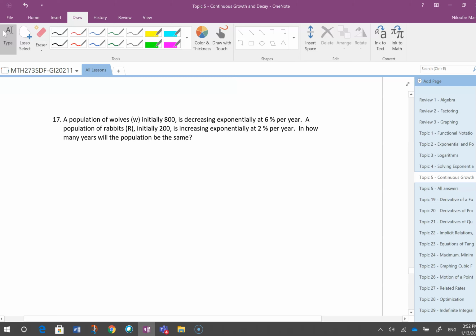A population of wolves, initially 800, so this is N0, is decreasing exponentially at 6% per year. So I have N0 equals 800, 6% per year annual decay.